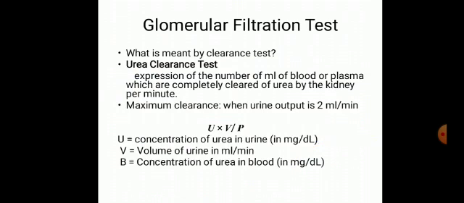A urea clearance test is an expression of the number of ml of blood or plasma which are completely cleared of urea by the kidney per minute.